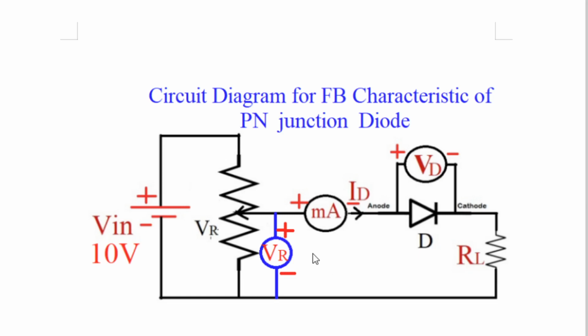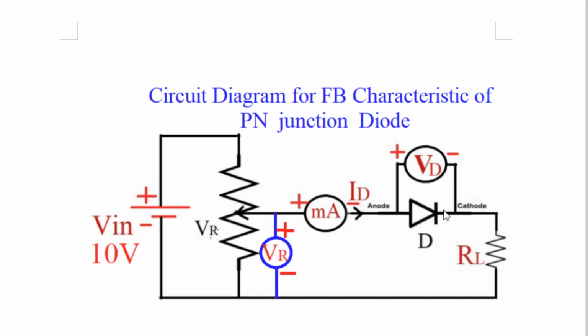But the real fact is what? After 0.7 volt, when the diode starts conducting, what will happen to the VD? That we have already cleared in the previous lecture. If the applied input voltage to the diode, that is VR in our case, is 1 volt, then that 1 volt is greater than 0.7 volt, which is the minimum voltage required to force the diode into conduction.